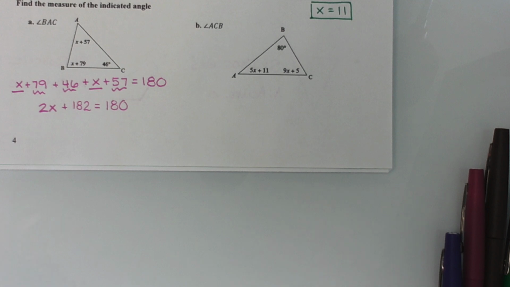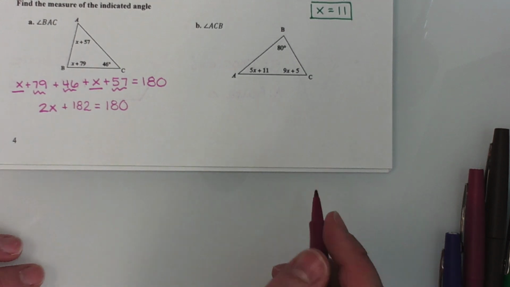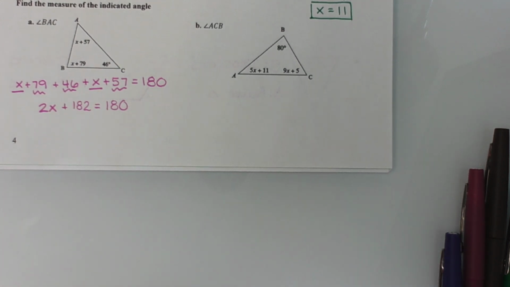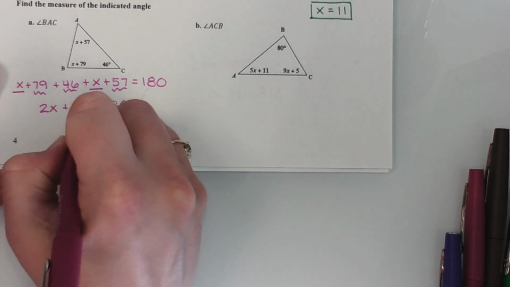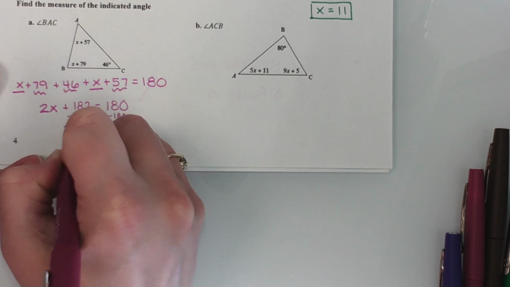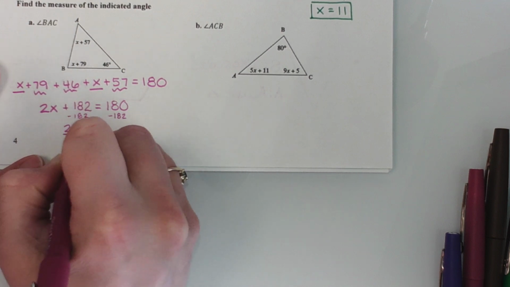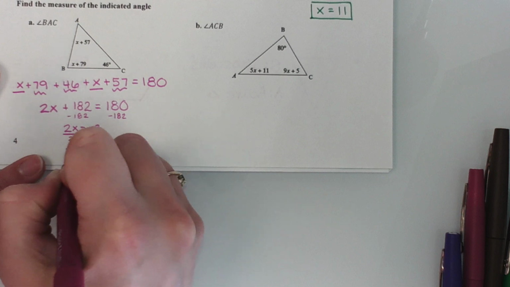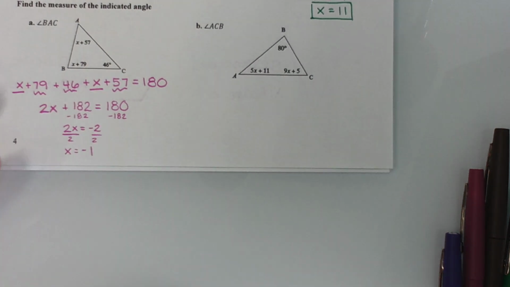What do I do? Divide and get -1. No, we won't. Try again, you're a step ahead of us. Oh, my bad. You subtract 182, you get 2x equals -2, and then we divide and we get x equals -1. There we go.